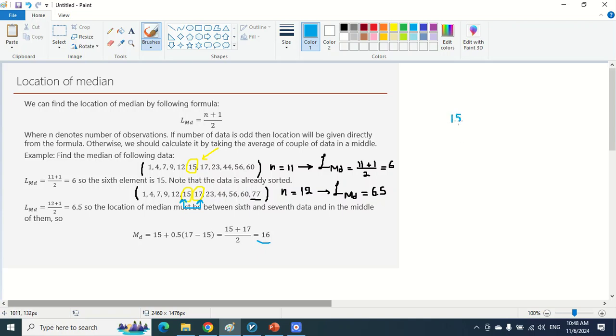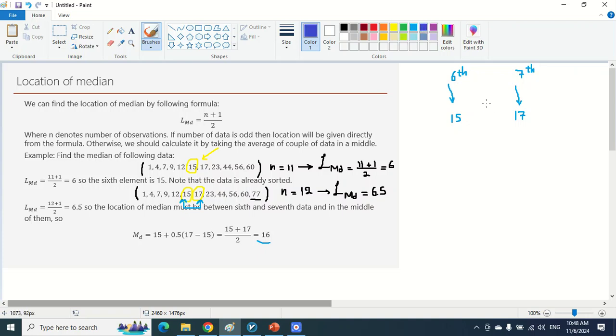If I consider the 6th element, I just write it here separately. The 6th element is 15, and the 7th element is 17. This is 17 at the location of 7, and the 6th one is equal to 15.